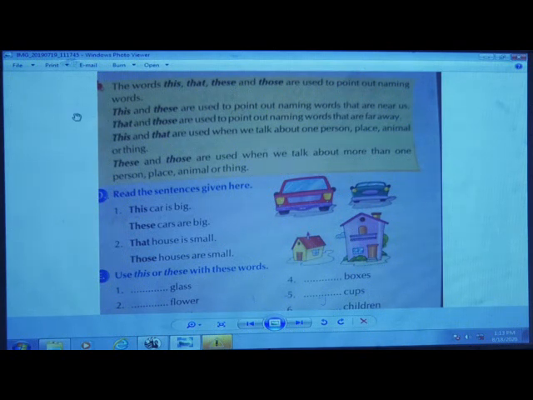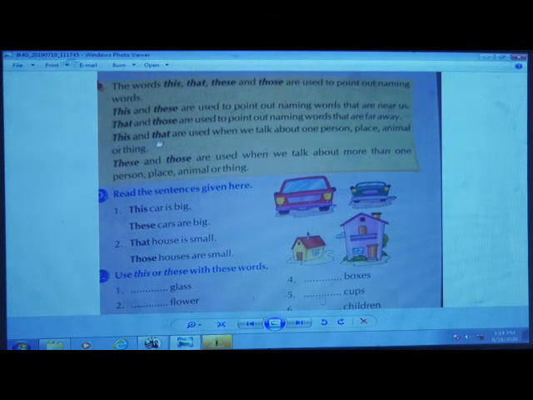The pen is very close to me, so we can say it is this pen. And which is very far, now that window is very far from me, so we call it that, or those trees. Now the trees are also very far from me, outside the window. So those trees, that window are used to point out naming words that are far away.